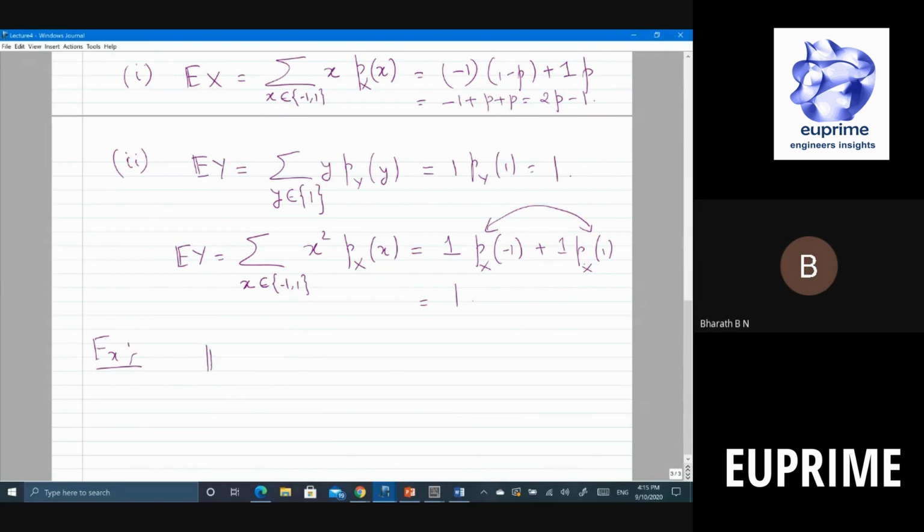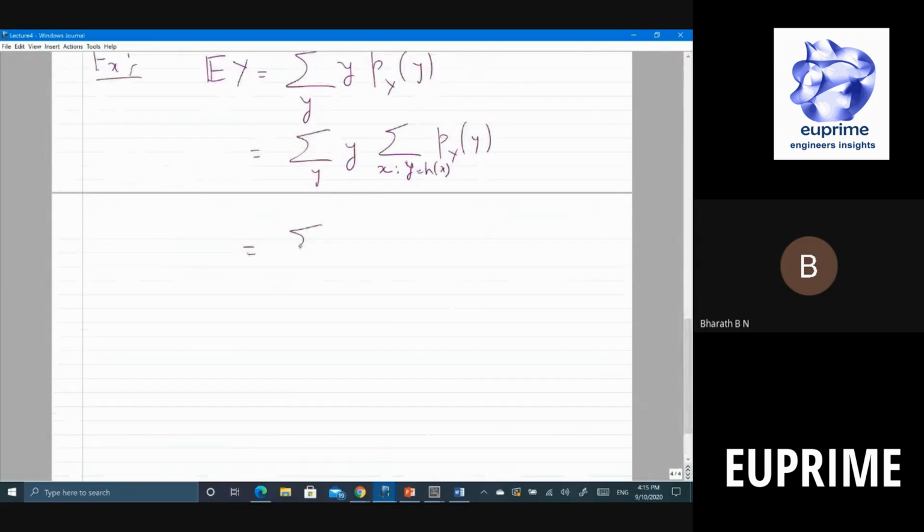Okay, so now let me try to prove this. Let's see if I will get it. You agree with this, right? The expected value of y is the sum of y times p_y of y. I should look at y, summation over all x such that y equals h of x. I'm fixing y, and then p_y of y. Do you agree? Okay.